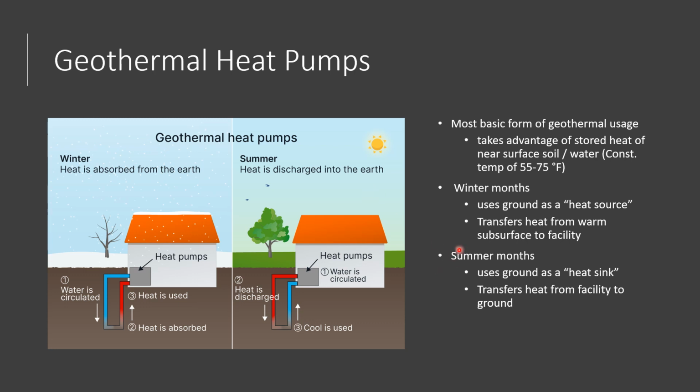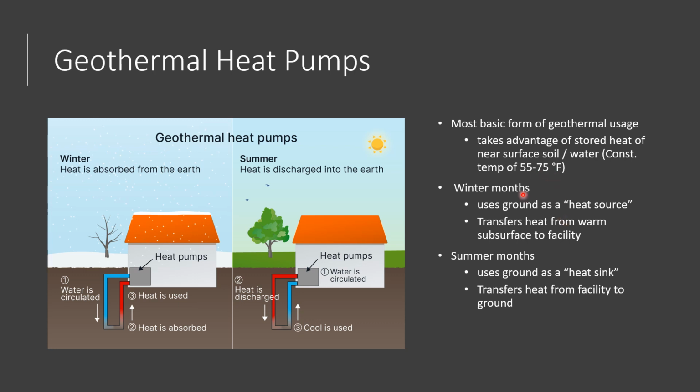Geothermal heat pumps are just the most basic form of geothermal that you use in residential places. You can take advantage of stored heat in near-surface soil, at a temperature of about 55 to 75 degrees Fahrenheit, so it's not very hot.